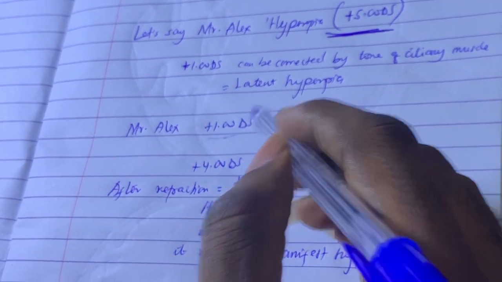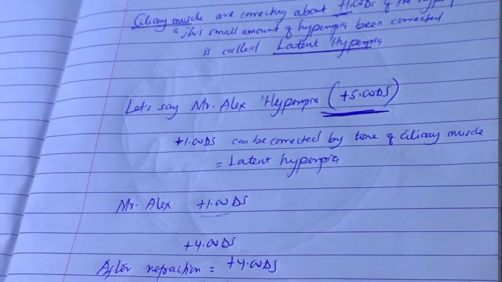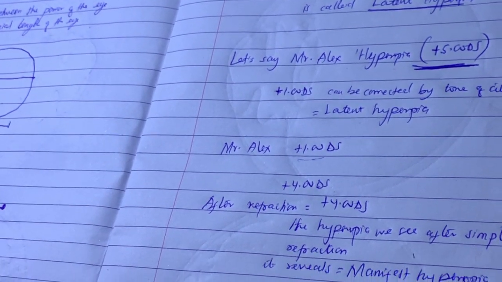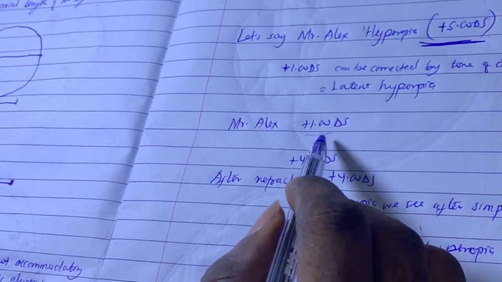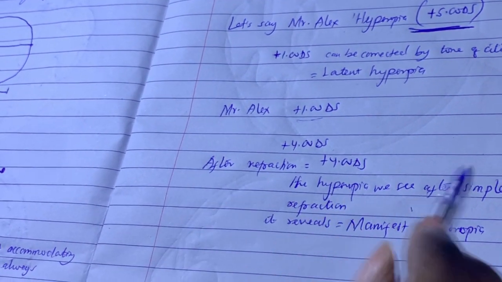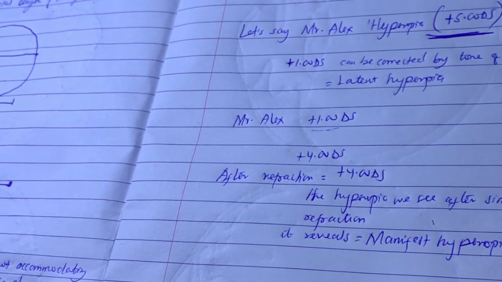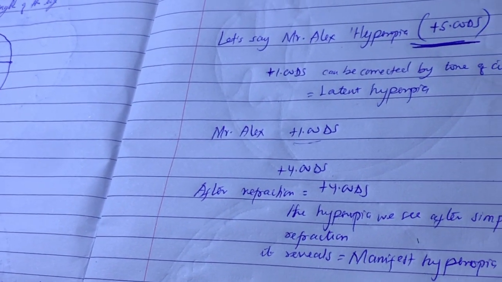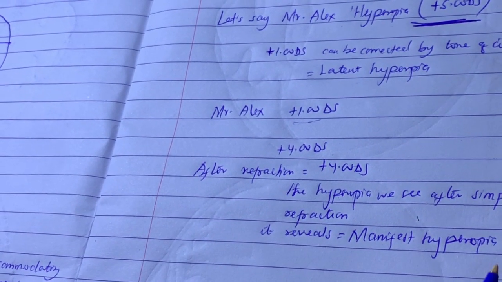Now, instead of the plus 1 being corrected, let's say a plus 4 diopter sphere. Inside plus 4 is what you find on refraction, because the latent part is corrected by the ciliary muscle. It's plus 4 that comes out after refraction, and that is called manifest hyperopia.